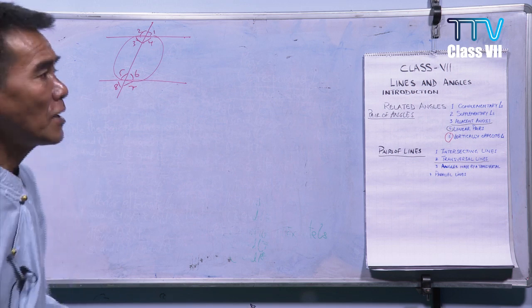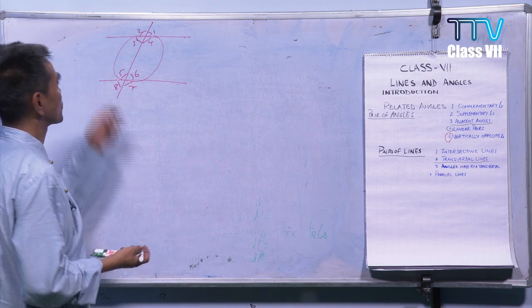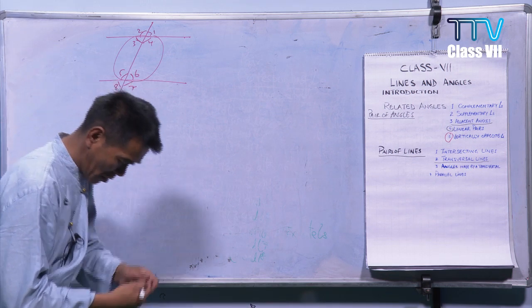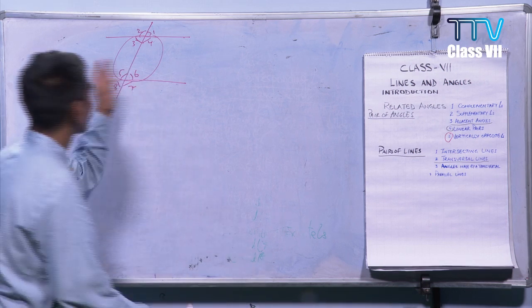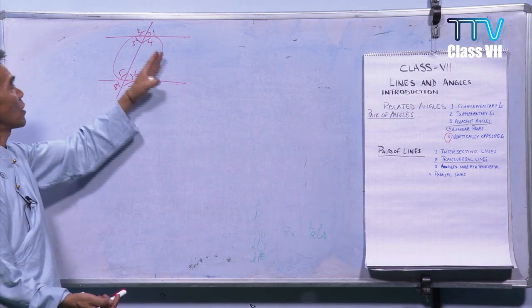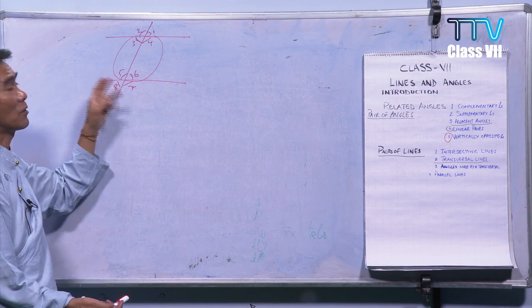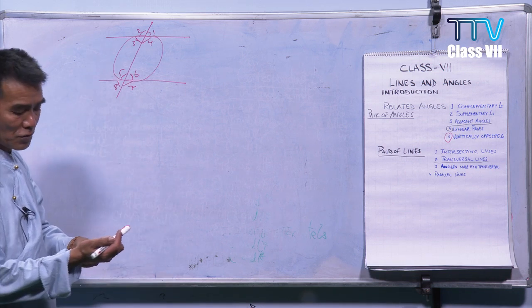On the same side of the transversal, angle 4 and angle 6, and angle 3 and angle 5, are interior angles on the same side of the transversal.